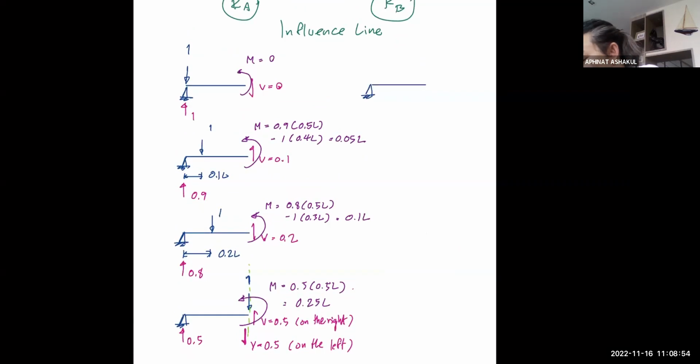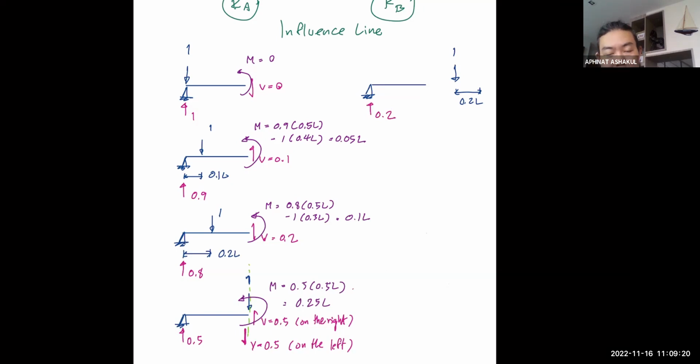I cut it at midspan, right? But now my load is here. And the location here is 0.2 L, right? So plainly speaking, the load is now outside of my free body diagram. And now I have the reaction equal to 0.2.